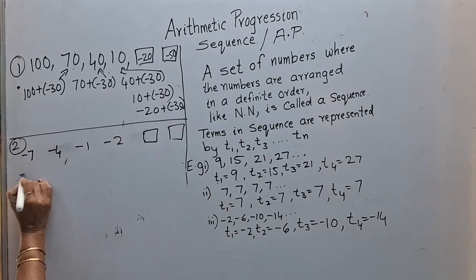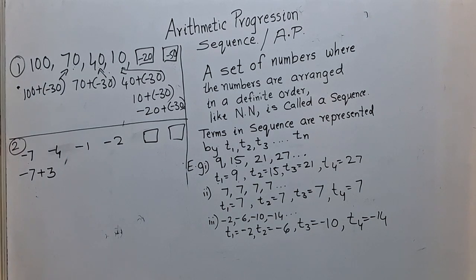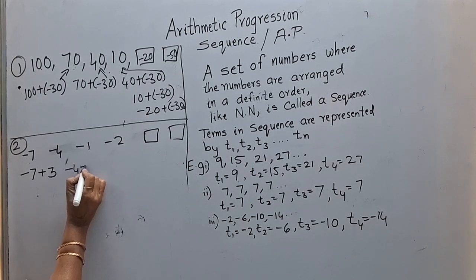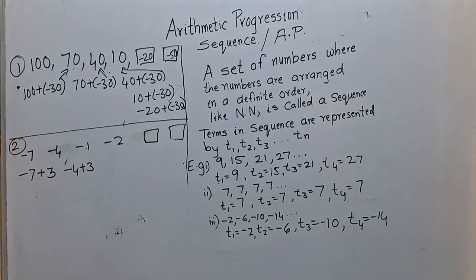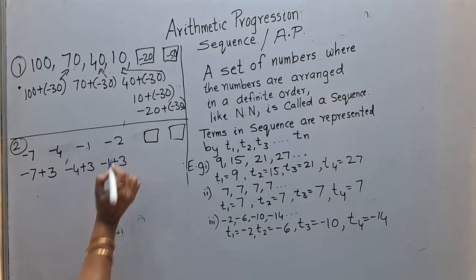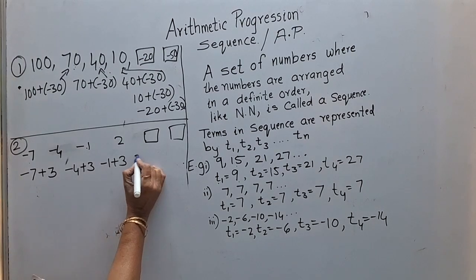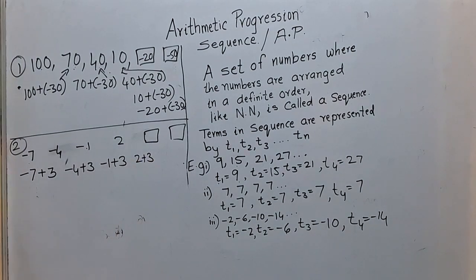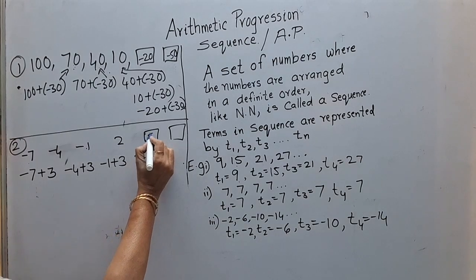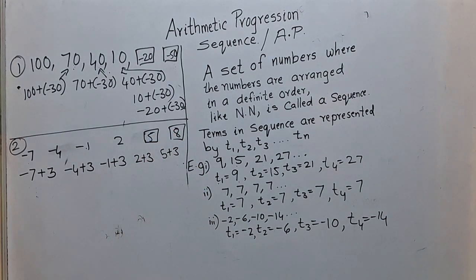So minus 7 plus 3 gives minus 4. Minus 4 plus 3 gives minus 1. Minus 1 plus 3 gives 2, sorry, not minus 2, only 2. And 2 plus 3 gives 5. And 5 plus 3 gives 8.